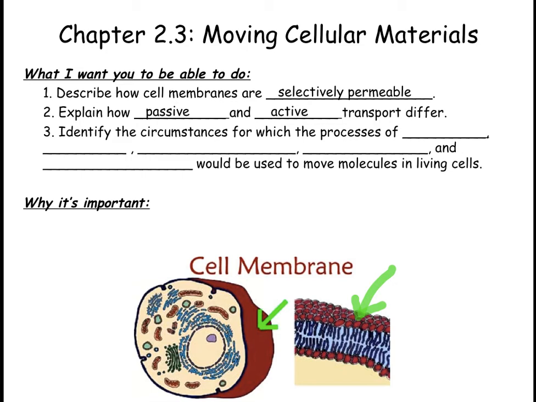And finally, I'd like for you to be able to identify the circumstances for which the processes of diffusion, osmosis, facilitated diffusion, active transport, and endo and exocytosis would be used to move molecules in living cells.